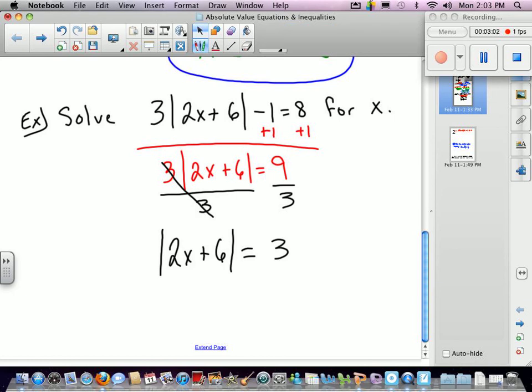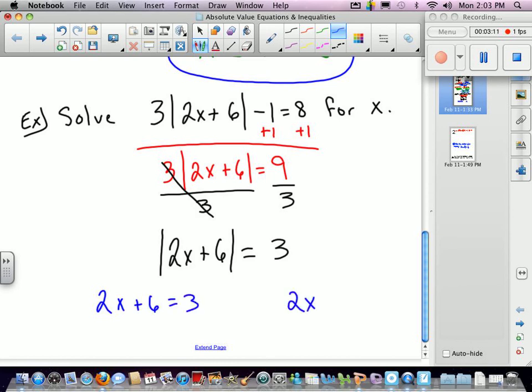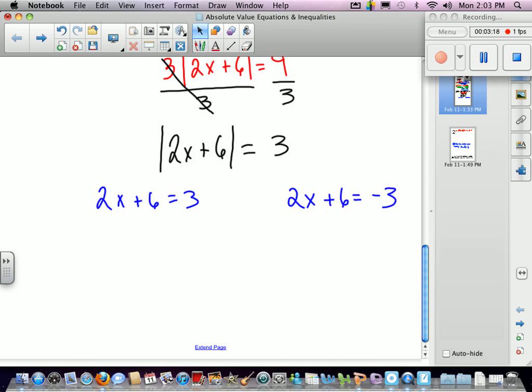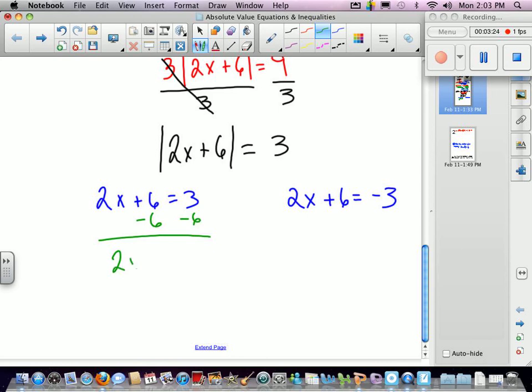Right, the next thing that I'm going to do is I'm going to rewrite this so that I have 2x plus 6 is equal to 3. Or I could have 2x plus 6 is equal to -3. Now I'm just going to solve each one of those by subtracting 6 and then dividing by 2.